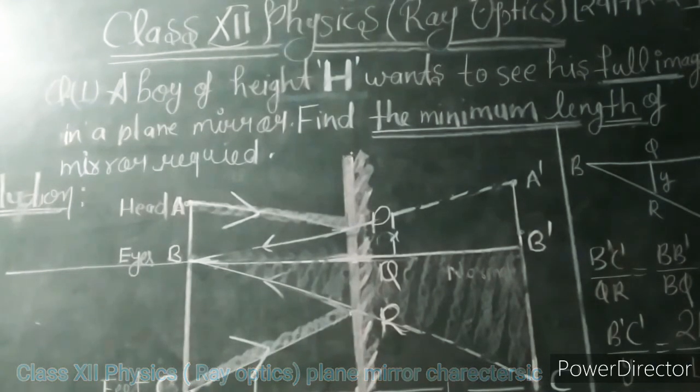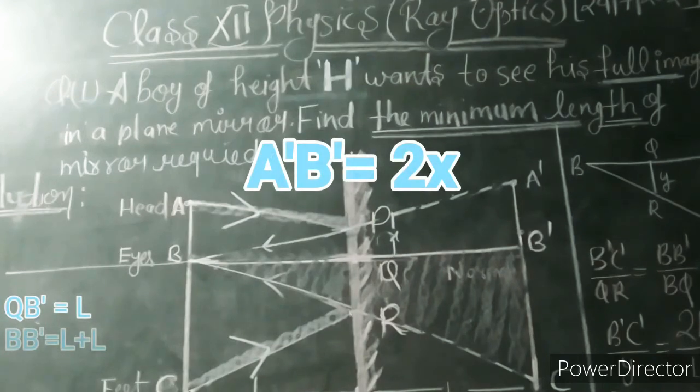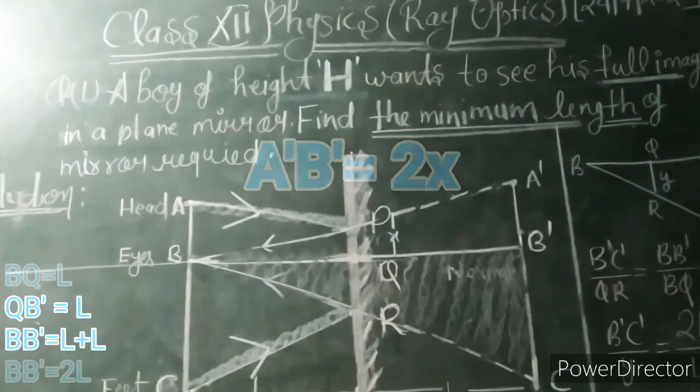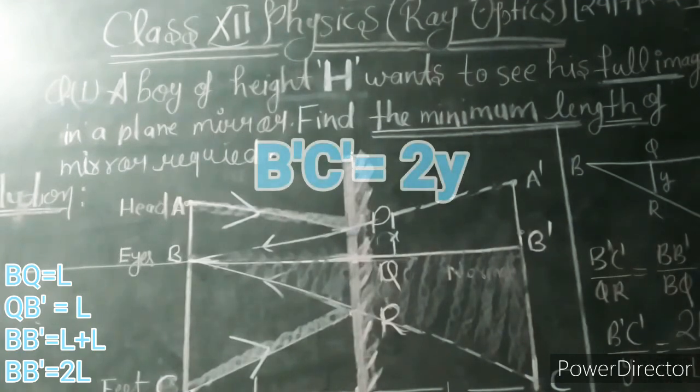Next, the triangle B C dash B dash. You see B dash C dash divided by QR is equal to B B dash divided by BQ. Similarly, we put B B dash as 2L and BQ as L. And here we consider QR is equal to Y. So we will get B dash C dash is equal to 2Y.